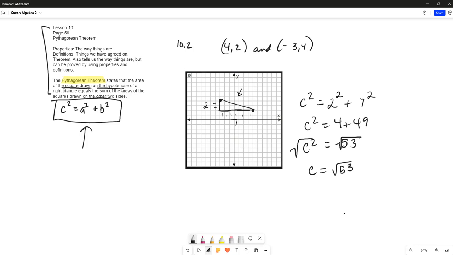The height would still be 2 and the length would still be 7. You would find the distance between those 2 points by plugging the sides into the Pythagorean theorem and solving for C. I want you to go ahead and pause, and then I want you to look and see how you did.